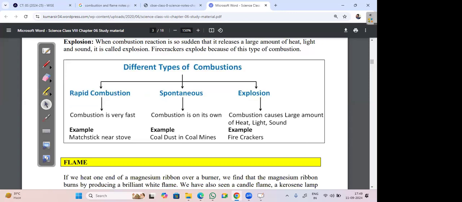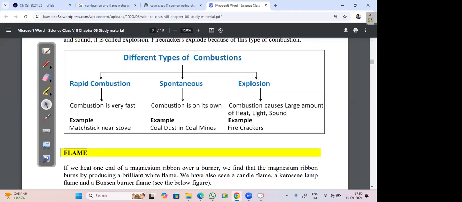Spontaneous combustion happens on its own. Examples are coal dust in coal mines, yellow phosphorus, and most forest fires. Then you have explosion reactions, which generate a lot of heat and light, like firecrackers and bombs. They are all explosions.